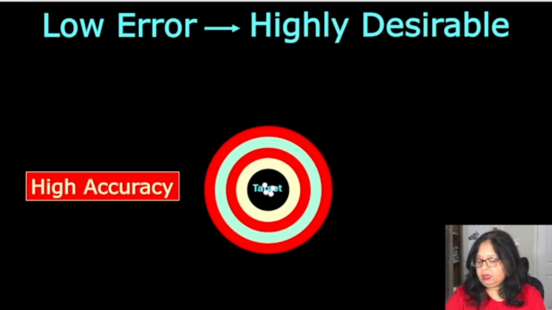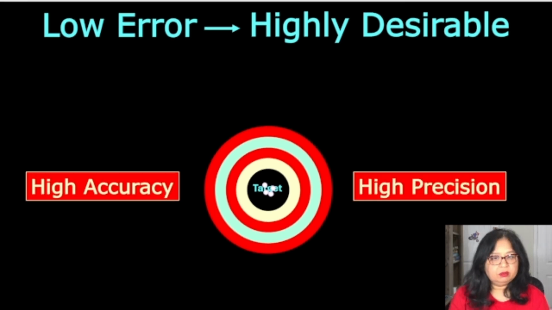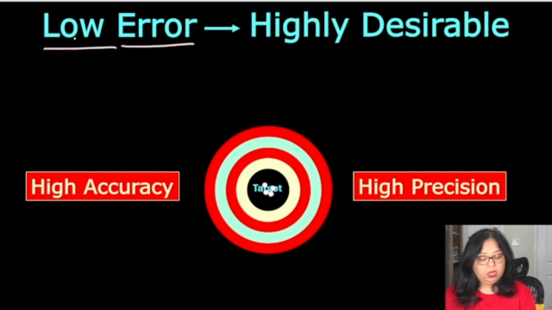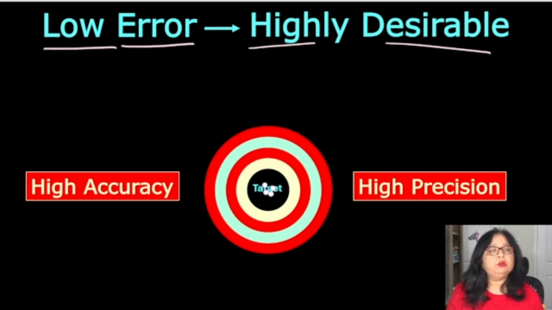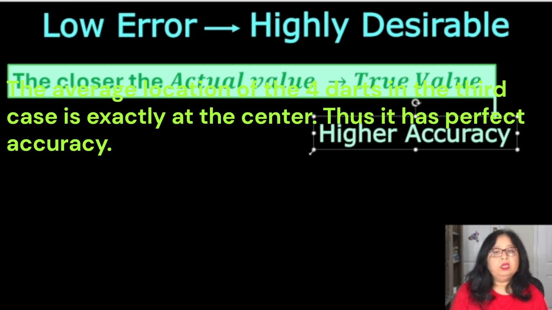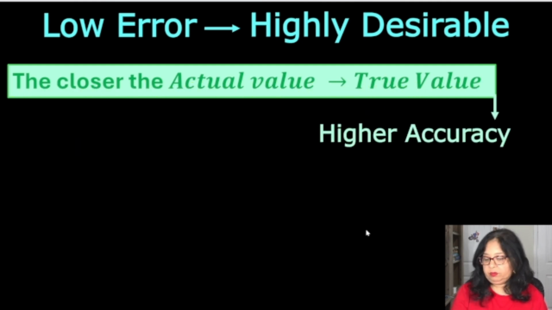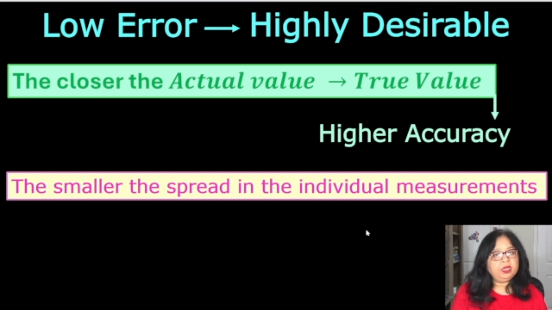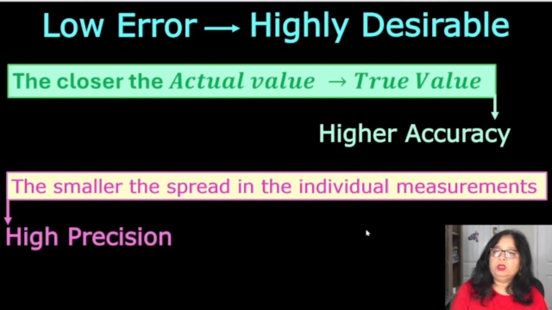When you have high accuracy and high precision, your error is low, and this is exactly what you hope to get in an experiment. The closer the actual value to the true value, the higher the accuracy. And the smaller the spread in the individual measurements, the higher the precision.